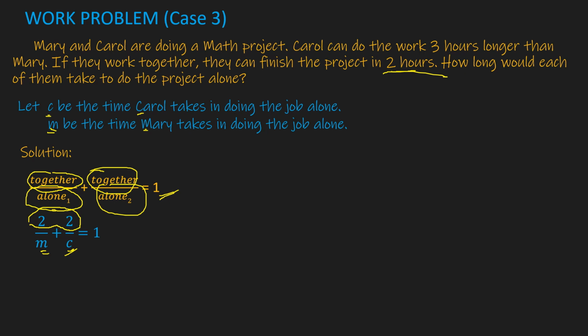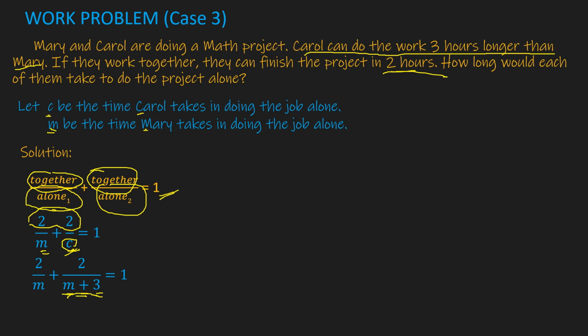But there is a condition in the problem that Carol can do the work 3 hours longer than Mary. So therefore, we have to substitute C, or Carol, with 3 hours longer than Mary. So M plus 3 now for Carol.